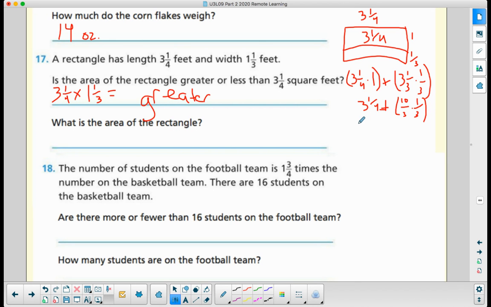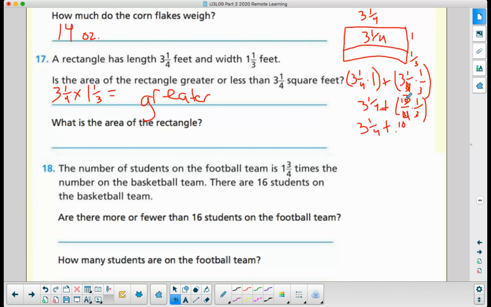So I still have 3 1/4 here, plus I have 10/3 times 1/3, which would be 10/9. Hold on, this is 3 1/4, sorry. So 3 times 4 would have been 12, plus 1 would be 13/4.